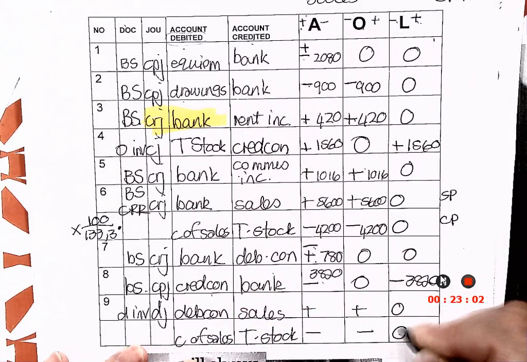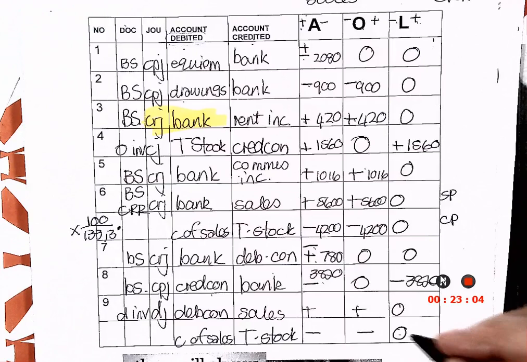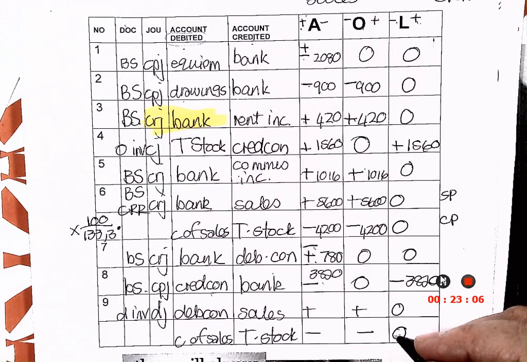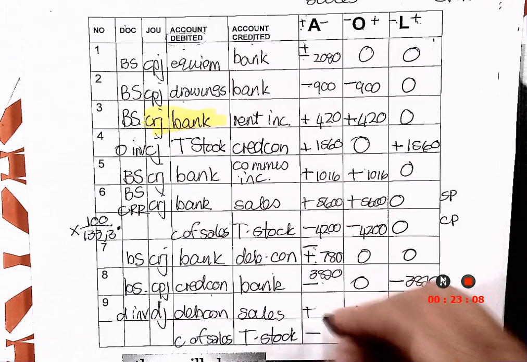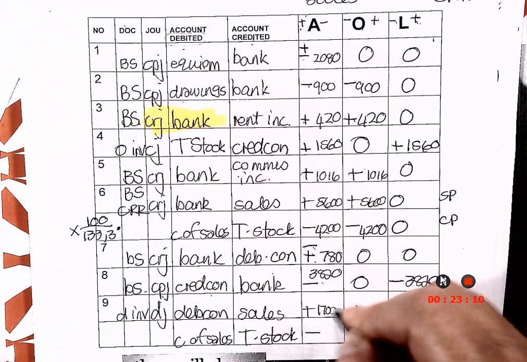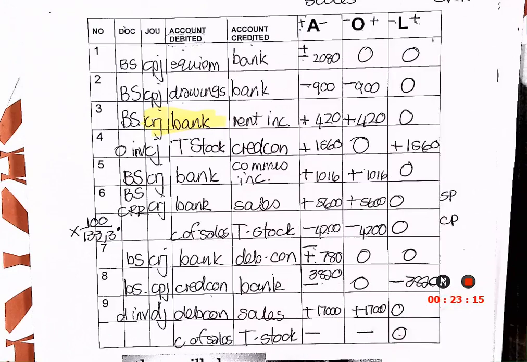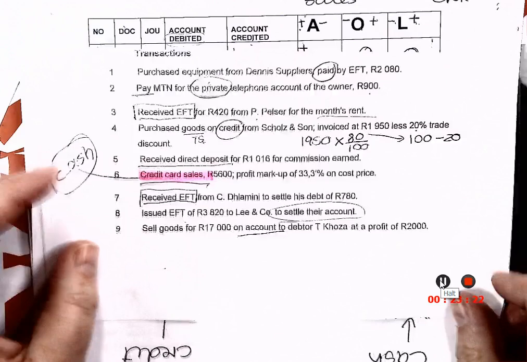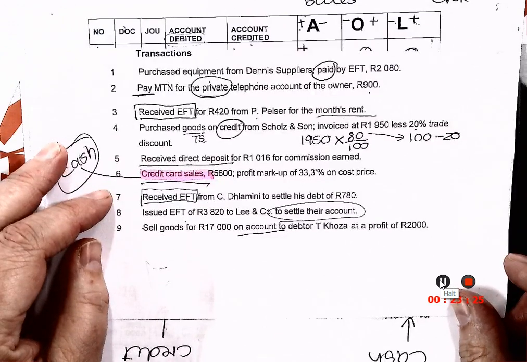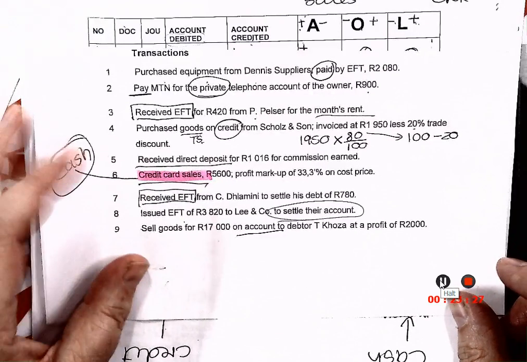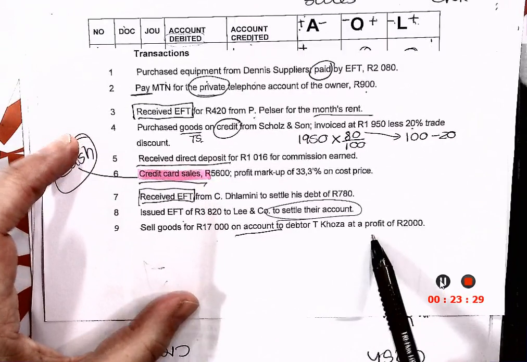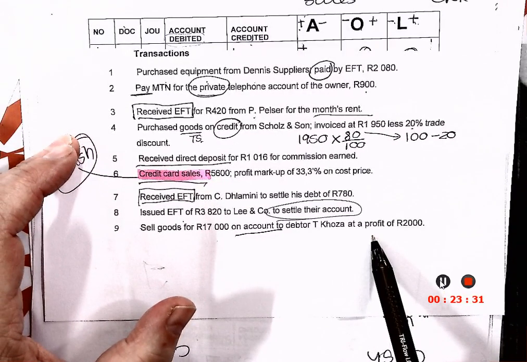Okay. I'm going to take the sales price. Sales price is 17,000. And I'm going to take the cost price. But now, I want you to listen to what I say. Can you see they don't give me a cost price, but they give me the profit.